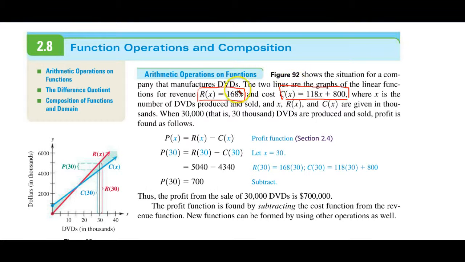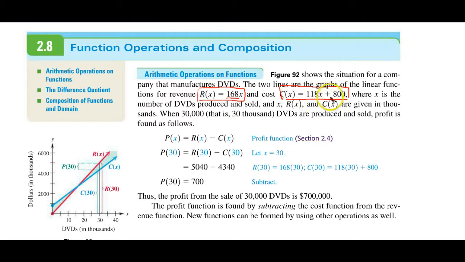Now let's analyze this just a little bit. This is what you're going to sell each item for, and this X stands for the number of items that you're selling. So in a sense, this is the slope of the X value here.